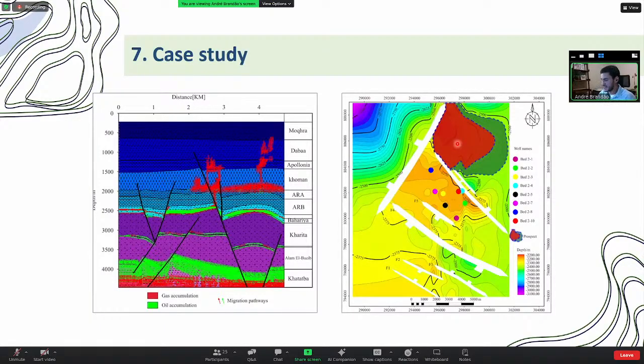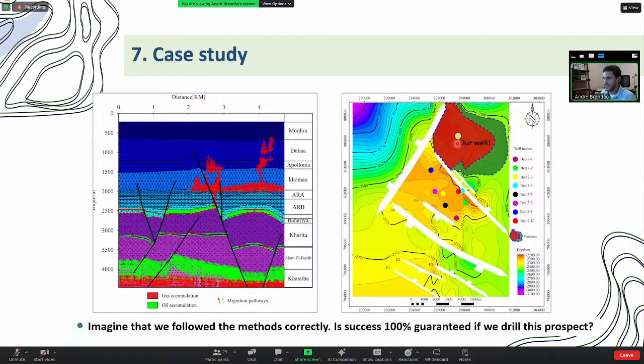One last question, if you guys are not too shy, just so we can end the class. Imagine that we have followed everything correctly. We got the seismic well interpreted, we calculated everything correctly from these wells right here, and we are proposing a prospect right here.